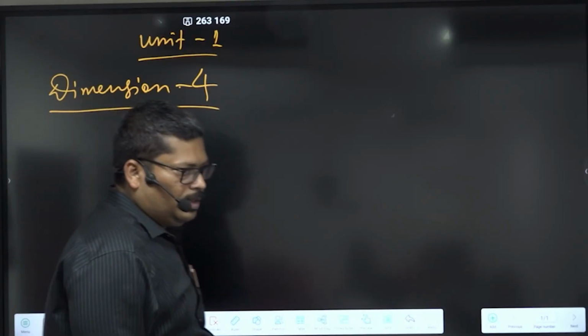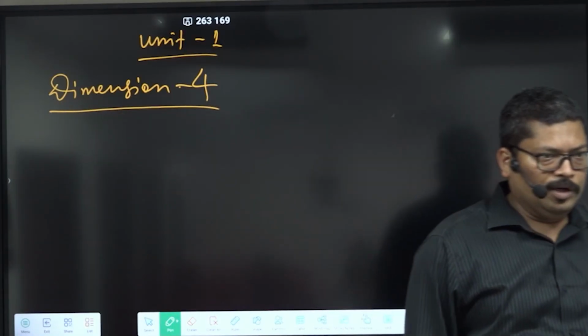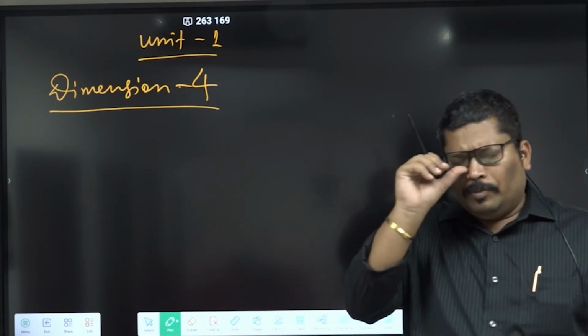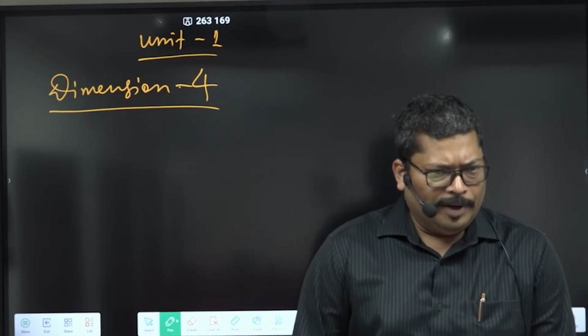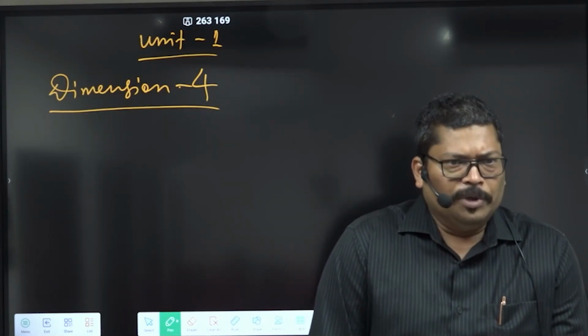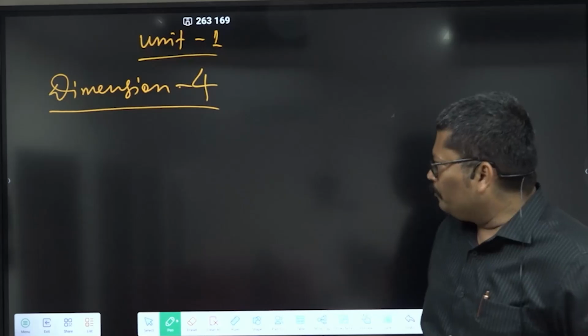So we are going to start dimension number 4 in unit number 1. Dimension number 4 is all about constitutional amendment and the doctrine of basic structure of Indian Constitution.